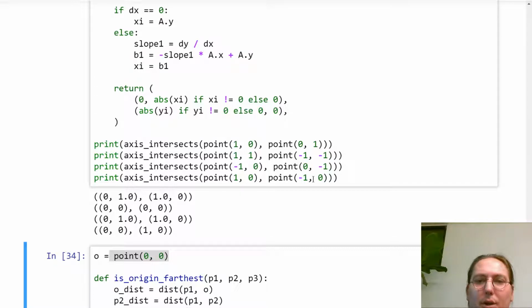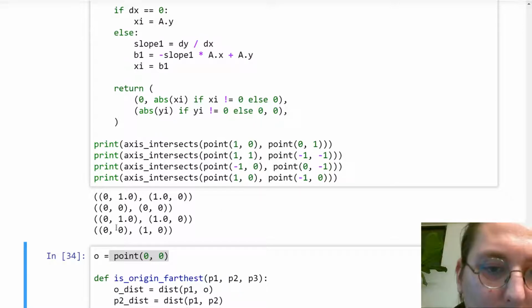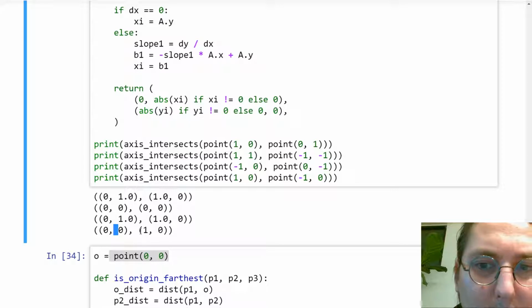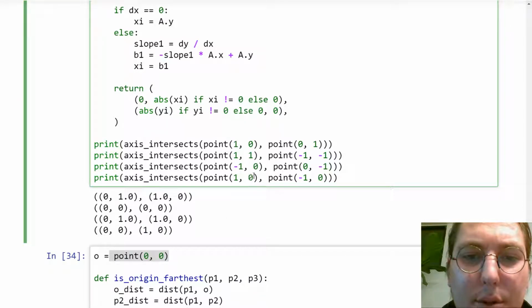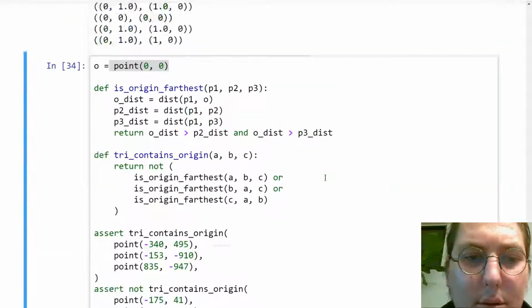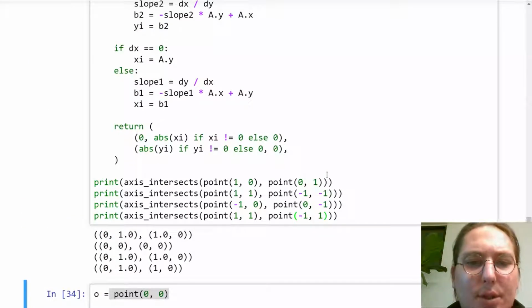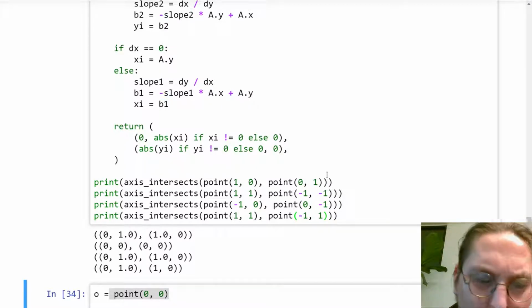We're going from +1 to -1, and we cross at 0, 0, I guess. Still crossing at +1, yes.